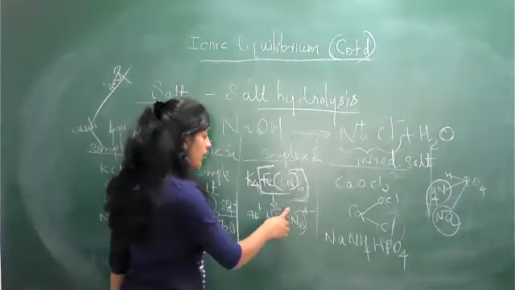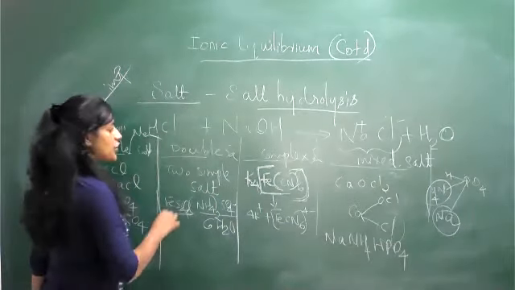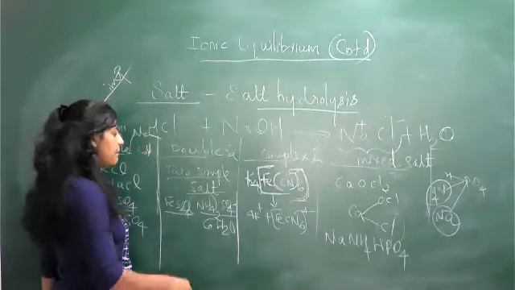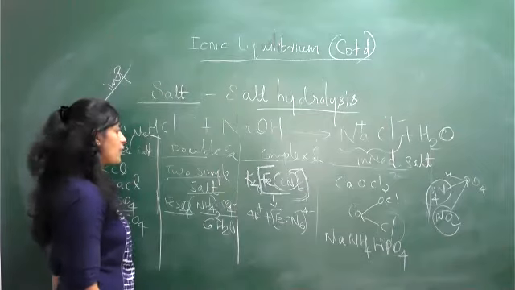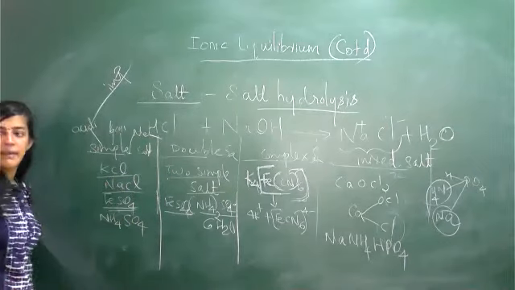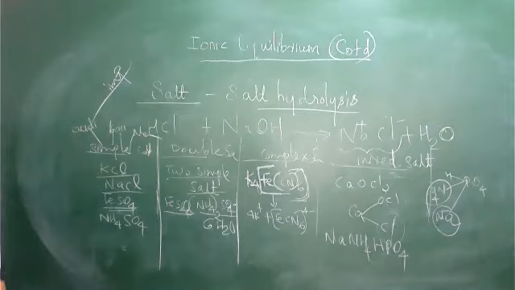You will study this in coordination complexes. Double salt means two types of simple salts combine and form a combined salt. These are very simple, familiar salts. Is this clear?